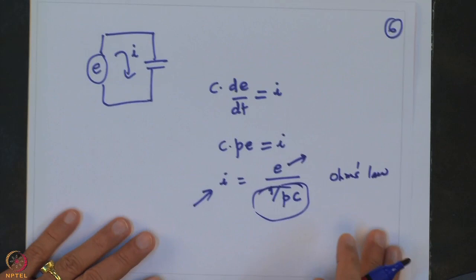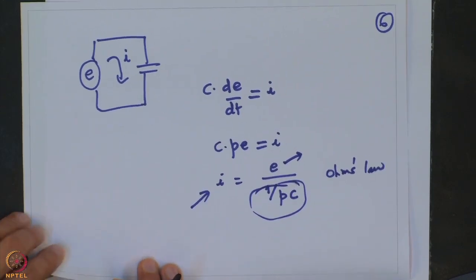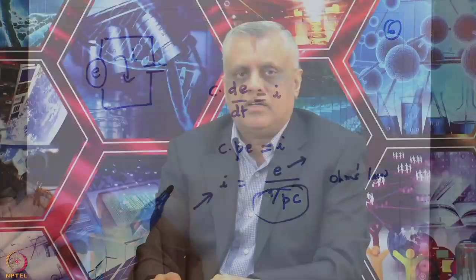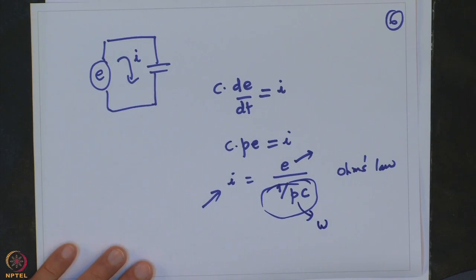Now, we will see in due course that whenever the excitation becomes sinusoidal, whether it is this case or the previous case of the inductor, or any other case, or indeed even more complex switching circuits where sinusoidal excitations are involved, this P will actually be replaced by j omega.